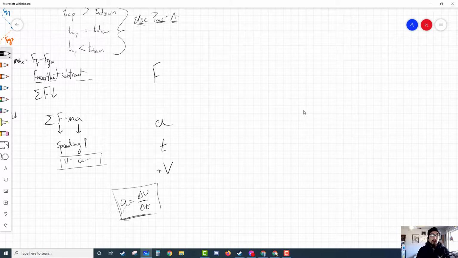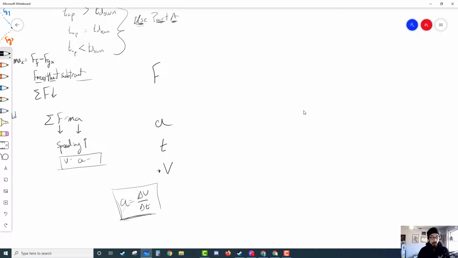So what you have to be able to do now is you have to be able to identify, all right, so what's going on here? All right, so when the object is going up the ramp, it has a greater acceleration, all right? And remember, acceleration means a change in velocity.